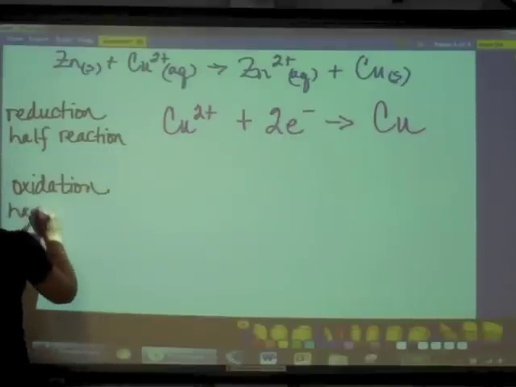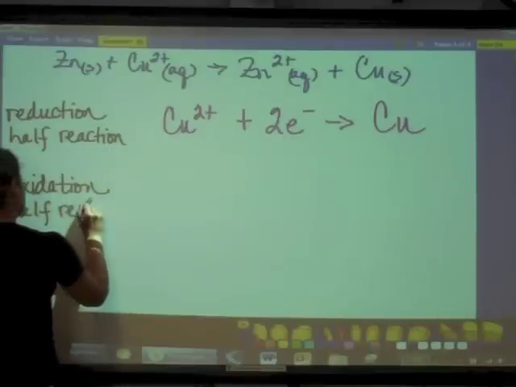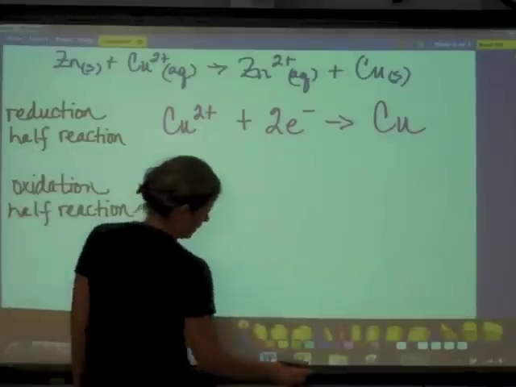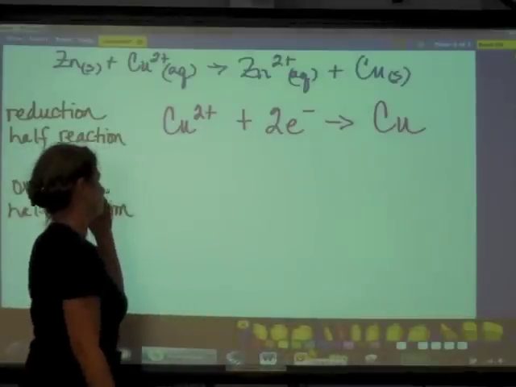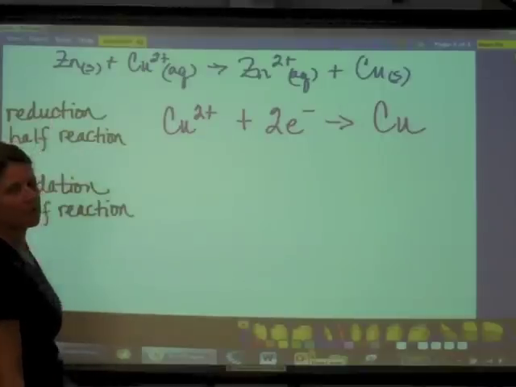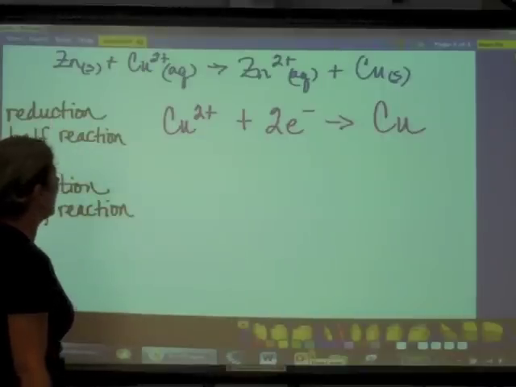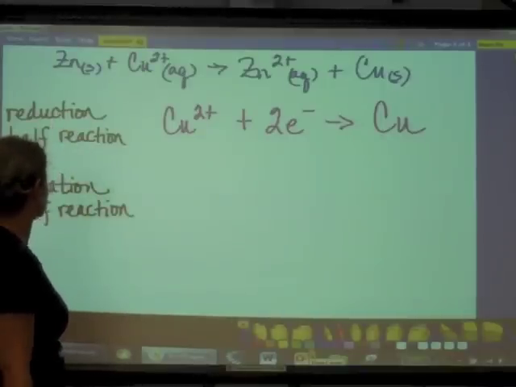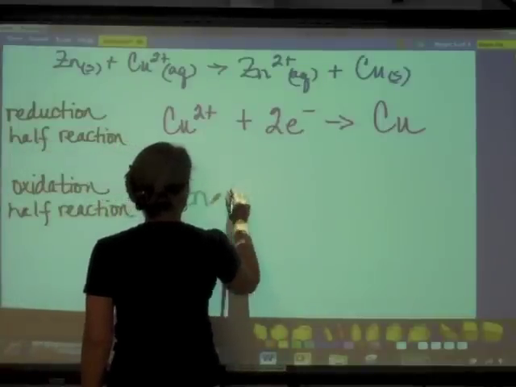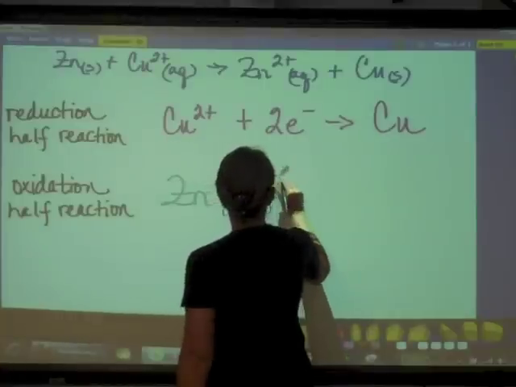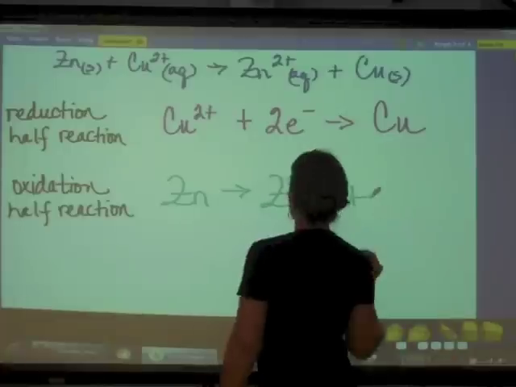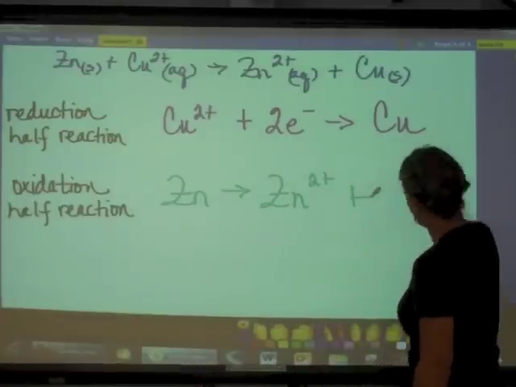You've seen this so many times that these words should not be intimidating you whatsoever. In the oxidation half reaction, we have zinc going to zinc 2 plus 2 electrons.